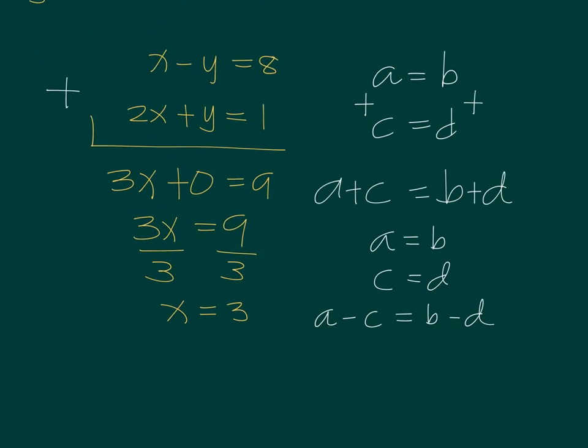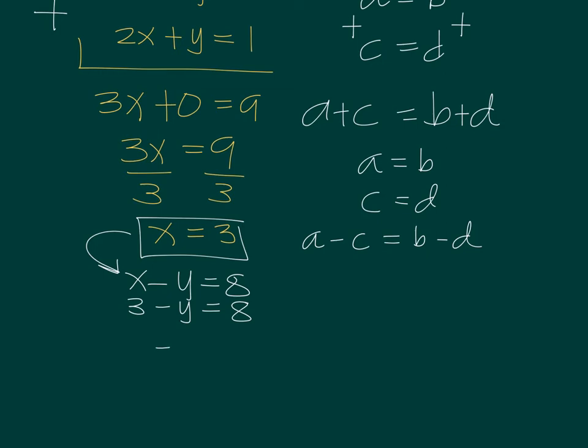And then from there, we can now solve for the value of y by considering any of the two equations. Now, x minus y equals 8 seems to be simpler than 2x plus y equals 1, so I'll be using x minus y equals 8. Knowing that x is equal to 3, that means 3 minus y is equal to 8.